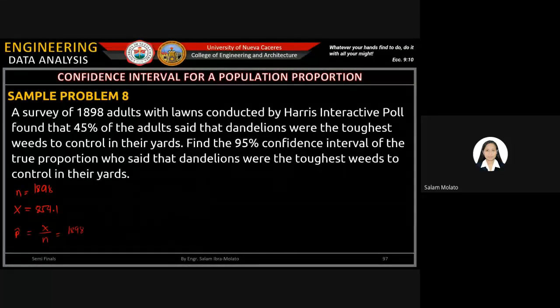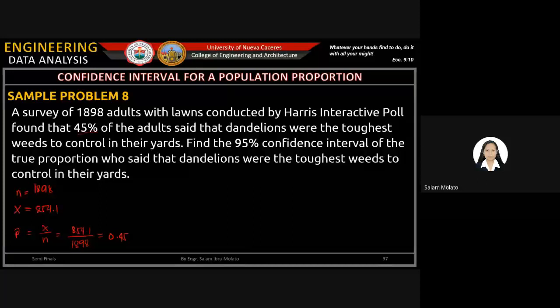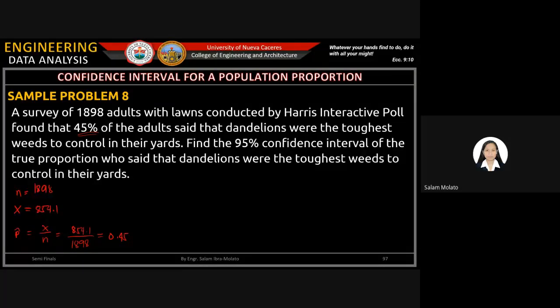But 0.45 is still what will be given to you. So that would be 854.1 over 1898. Right? When you compute that, that will give you 0.45 or 45%.